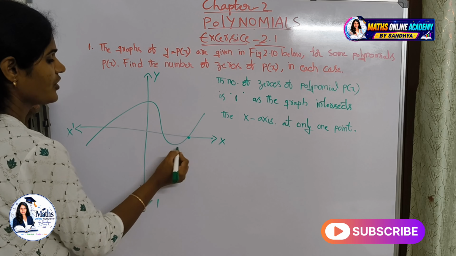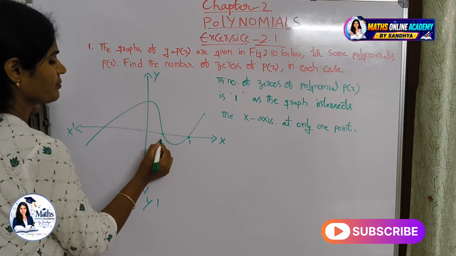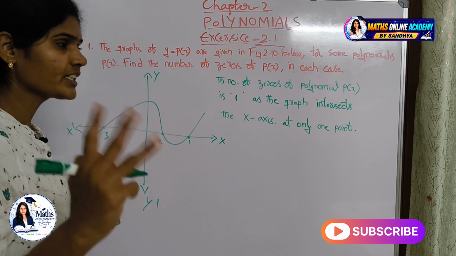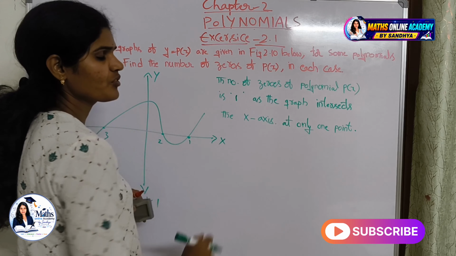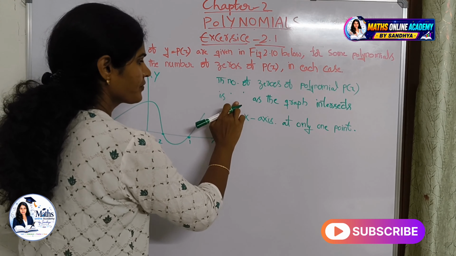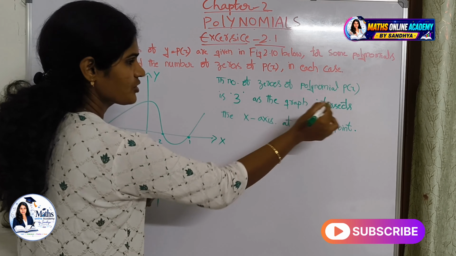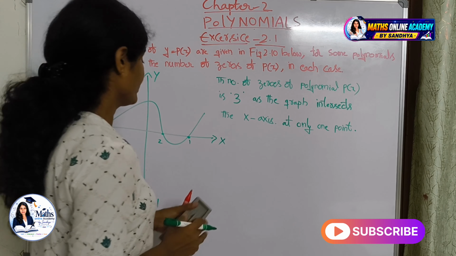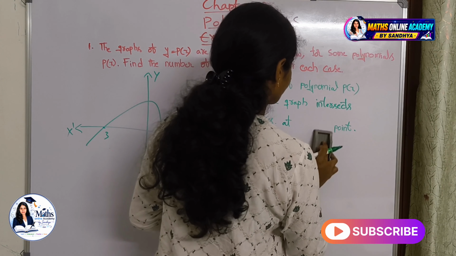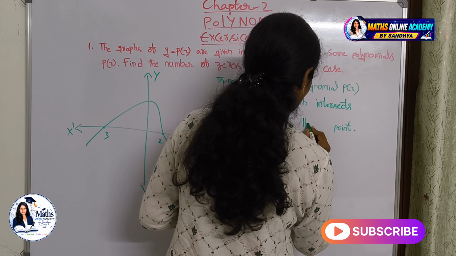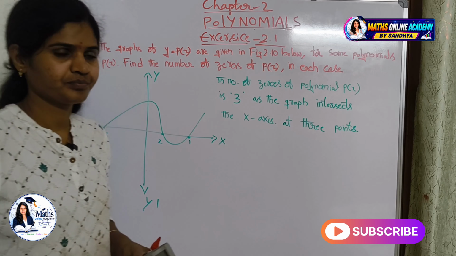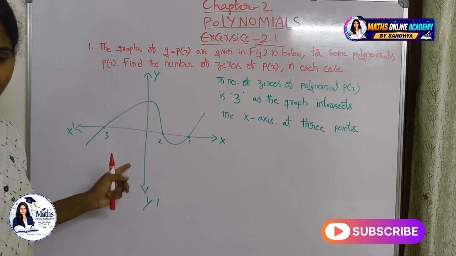This is 1 point, this is 1 point, and this is 1 point. 3 times. So the number of zeros of a polynomial is 3, as the graph intersects the x-axis at 3 points.